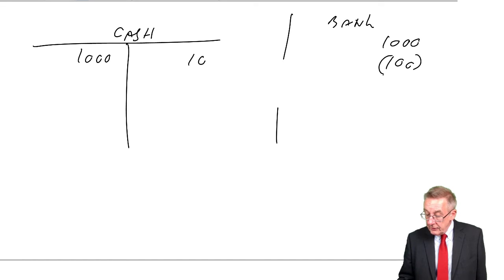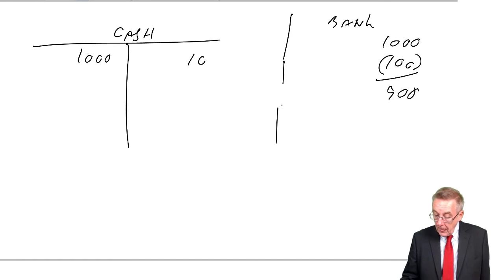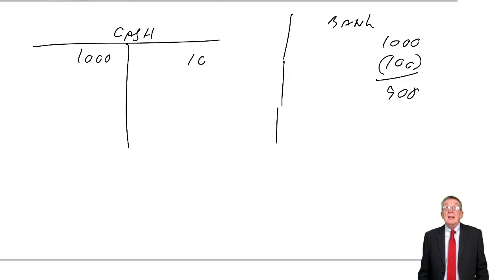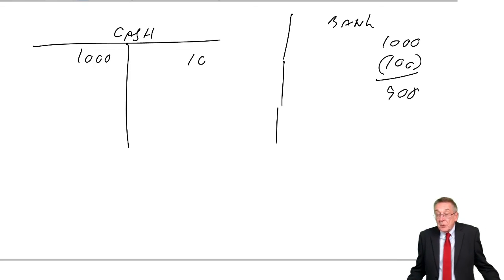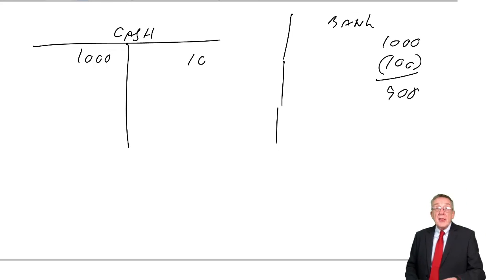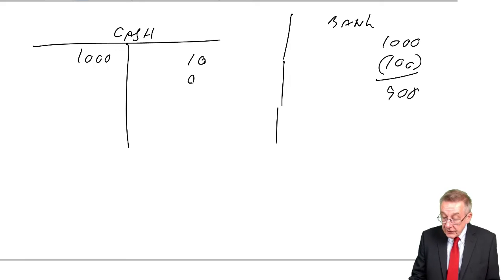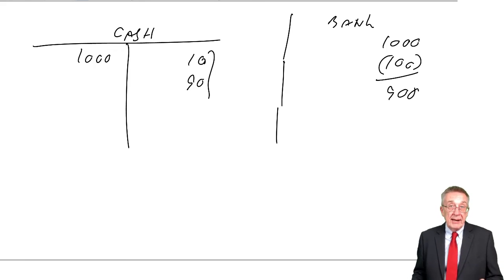They've taken out 100. I show 990. I've made a mistake, obviously. The two don't agree. And when I find out why they don't agree, it's because I entered the wrong figure. Clearly, I'll then correct it. The actual payment was 100. I'll enter another 90, and it's now correct.